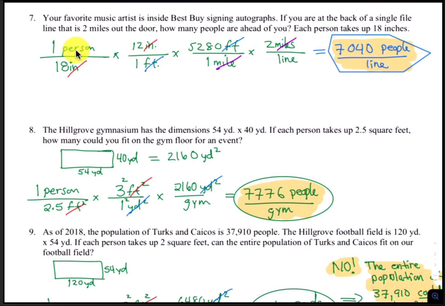So this is going to give us how many people are in one line. Multiply all the numbers on top together: 1 times 12 times 5280 times 2, and then divide by the 18. You'll get 7,040 people in one line.